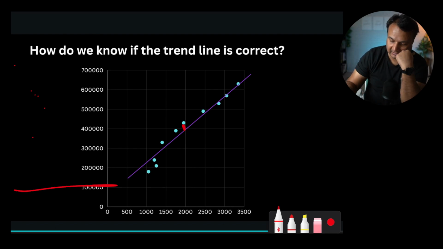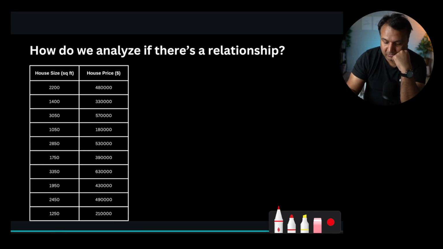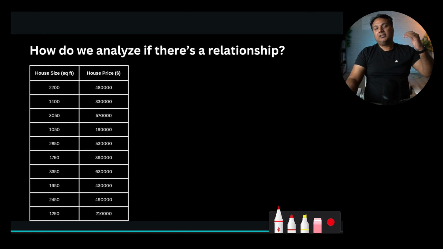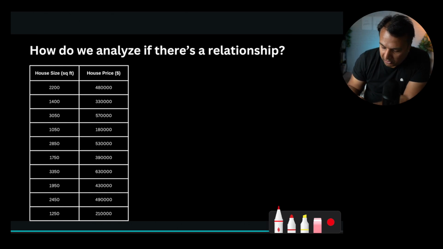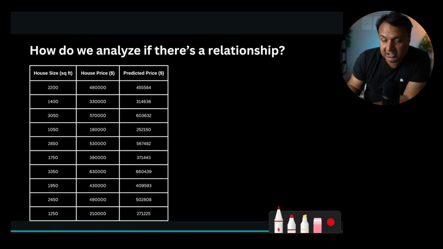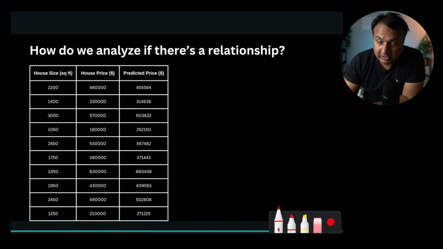Then you can aggregate all those differences. The way you do it is that you start with the data. This was the home price and home size, the actual chart we previously saw. And because of the trend line which you have just drawn, you now also have a predicted price for each square feet.